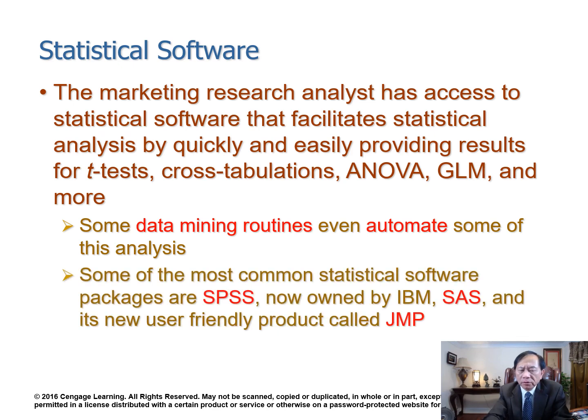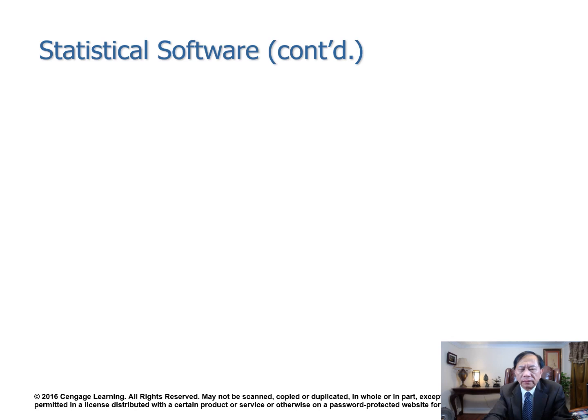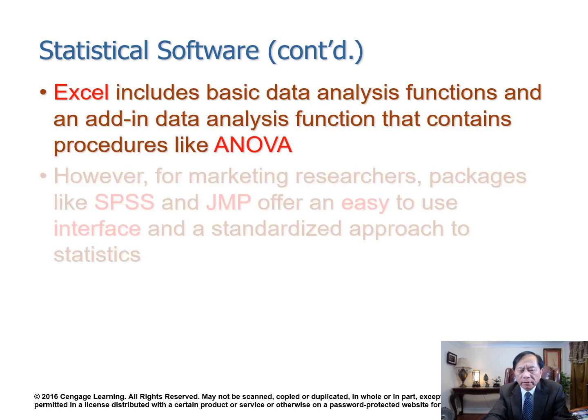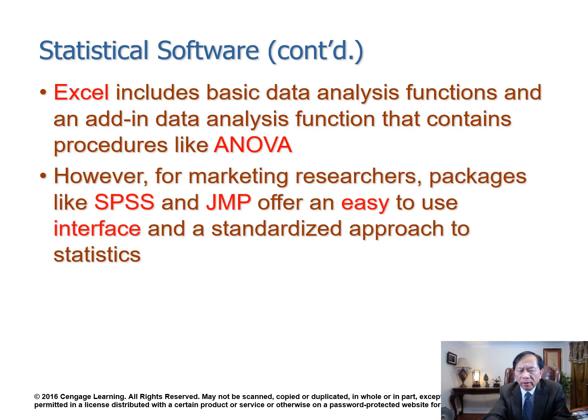Some of the most common statistical software packages are SPSS, which is now owned by IBM, and SAS, and a new user-friendly product called JMP, and then Excel, of course, is another one. Excel includes basic data analysis functions and an add-in data analysis function that contains procedures like ANOVA.